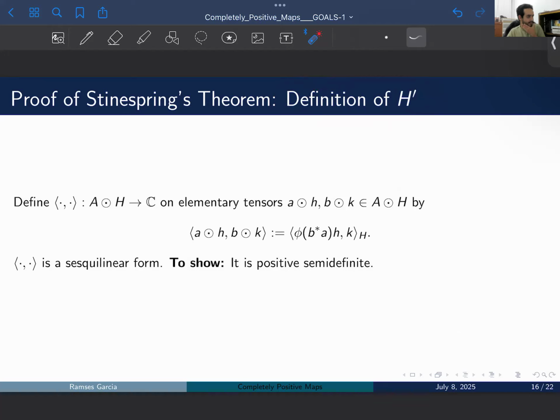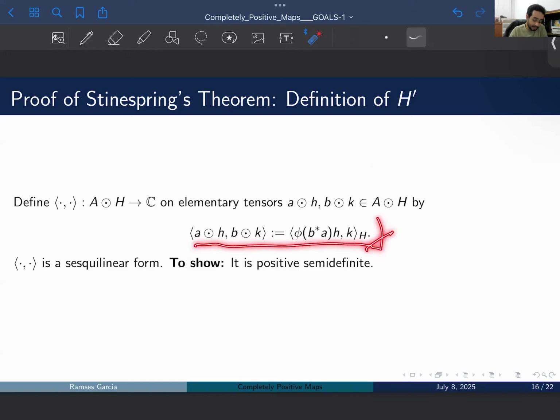We start by defining the form. Define this form on elementary tensors. Well, we know that every element in this tensor product can be written as a linear combination of elementary tensors, right? So we can define this form on elementary tensors A tensor H and B tensor K in the following way.